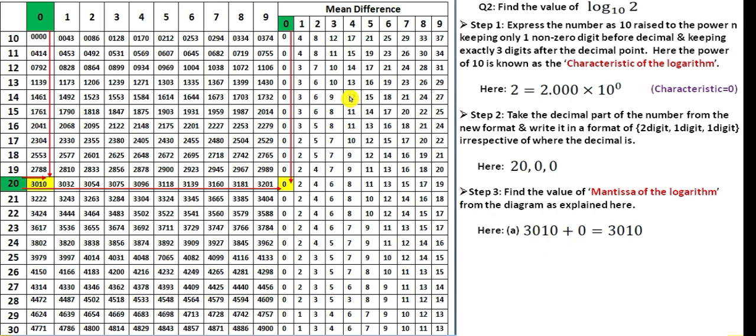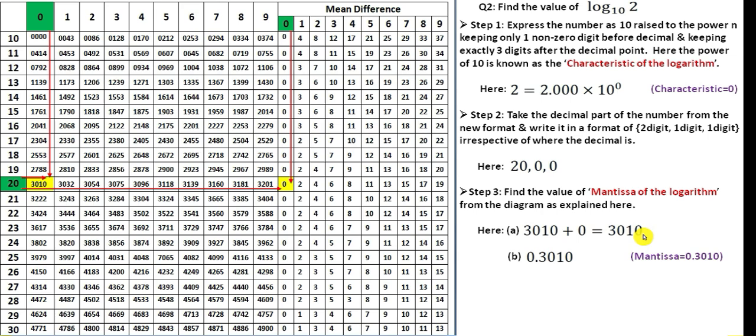We have to find the number which corresponds to the first and the fourth one. Fourth one from where you have to search? From the second part, the mean difference table. So here it is 0 and here it is 20 and the corresponding number is this 0. Okay, so here 0. Then add these two numbers that we got from the table, 3010 and 0, that is 3010.